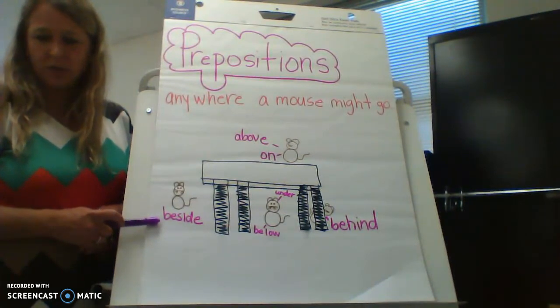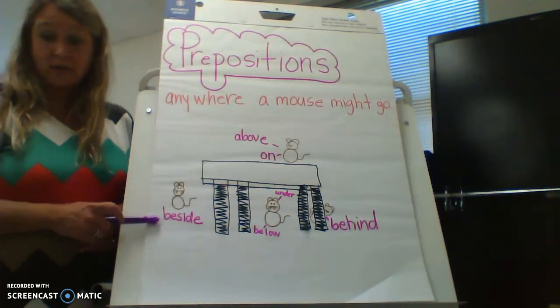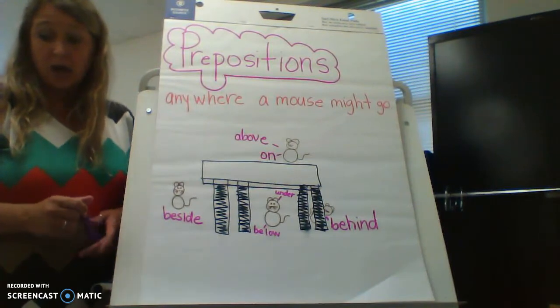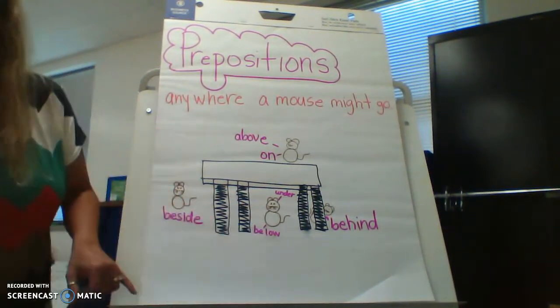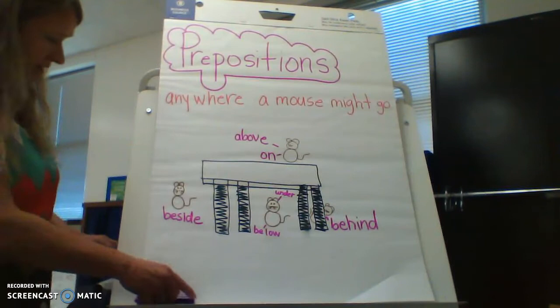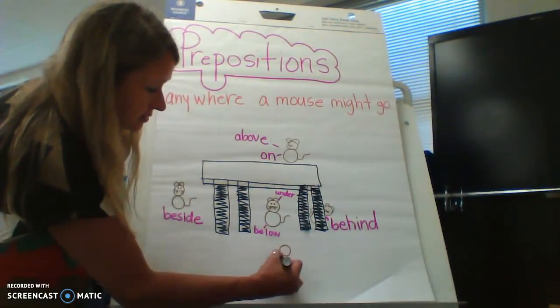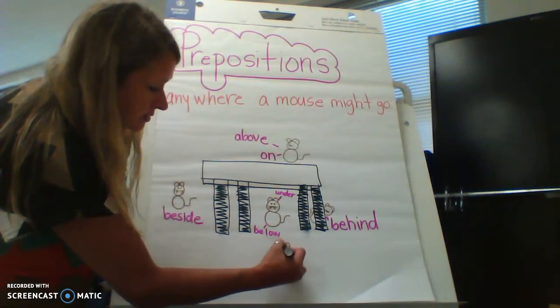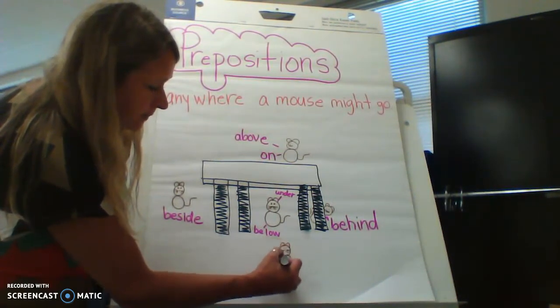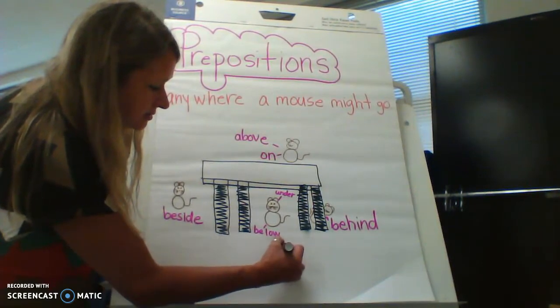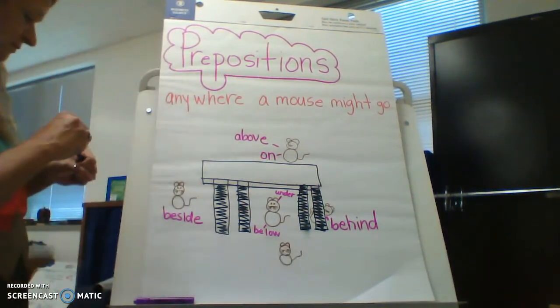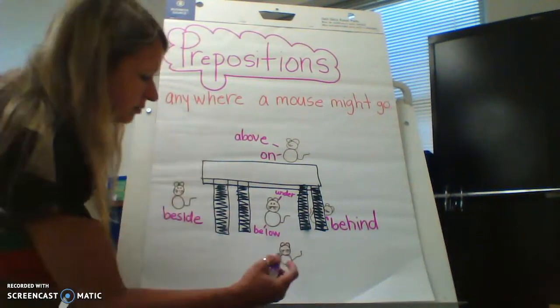What else can we put for where a mouse can go? Another word for below, like if I made him even lower. This is beneath.